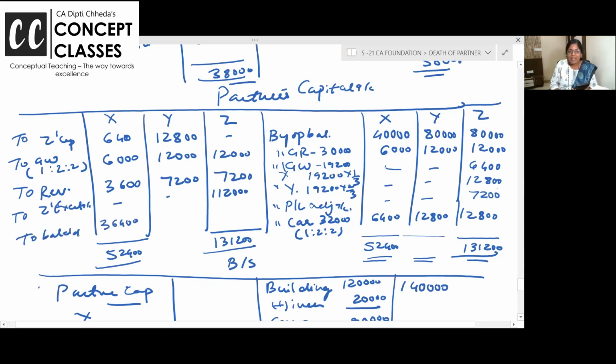Balance carried down. I have taught you to adjust the closing capital in the PSR only if they say. They are not saying, so leave it. 80,000 plus 12,000 Y's account, plus 12,800, 1,04,800, minus 12,800 minus 12,000 minus 7,200, 72,800.